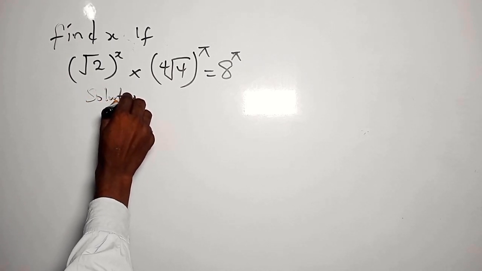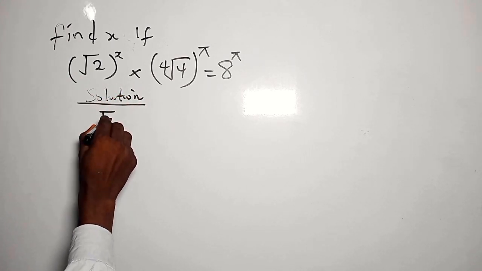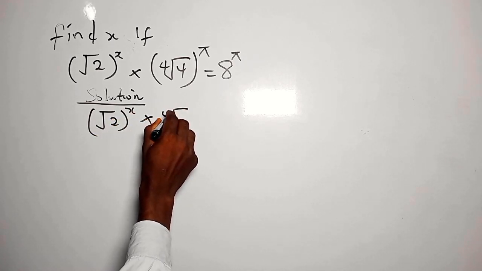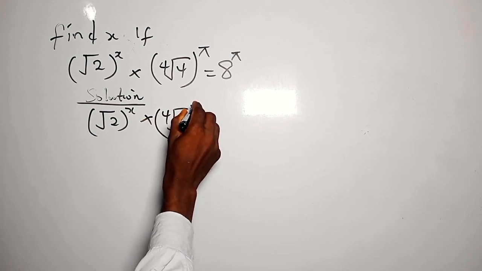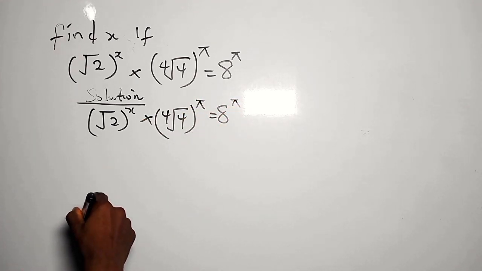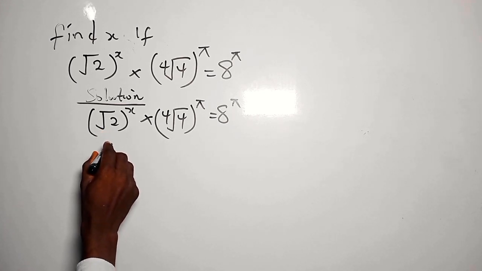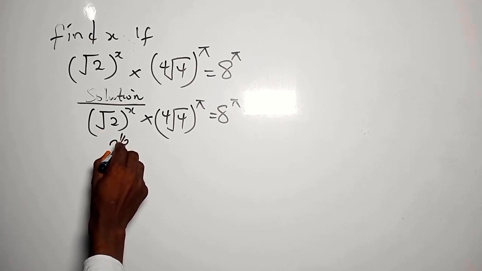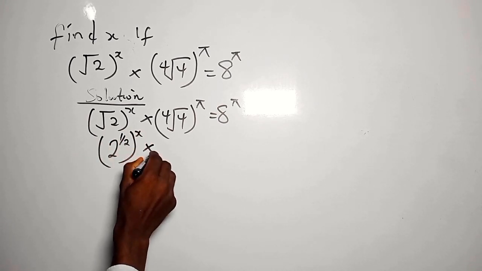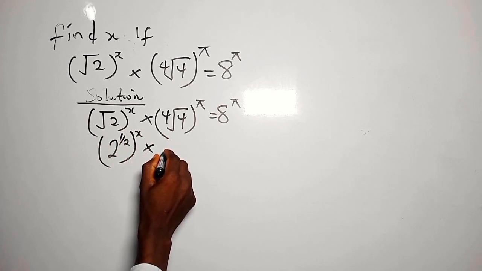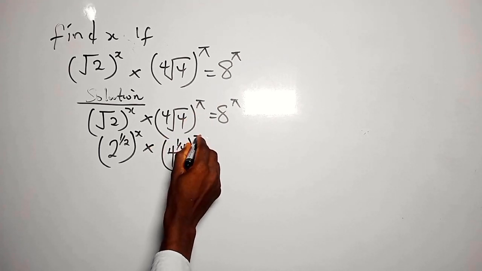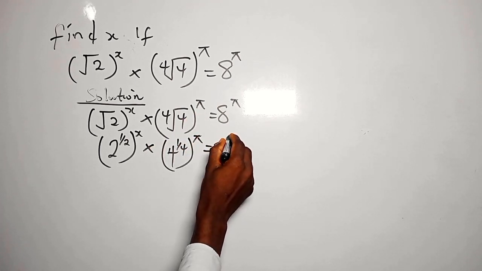Solution: for root 2 raised to power x times the fourth root of 4 raised to power pi equals 8 raised to power pi, for root 2 we can write 2 raised to power half, raised to power x, times the fourth root of 4, which is 4 raised to power 1 over 4, raised to power pi, equals 8 raised to power pi.